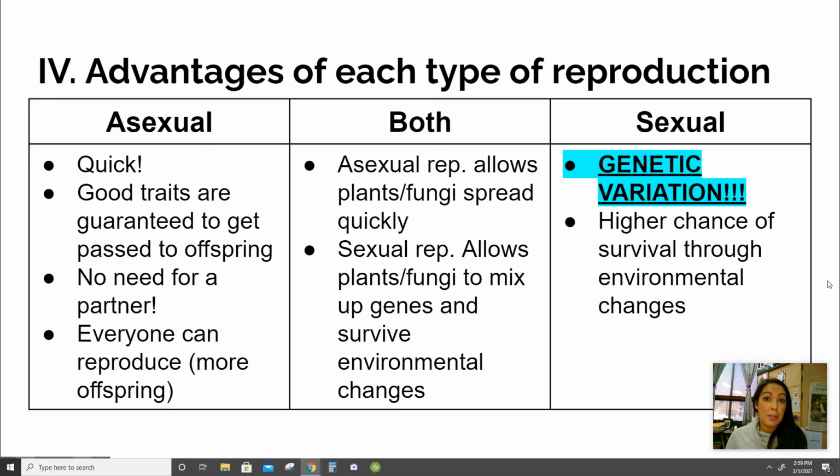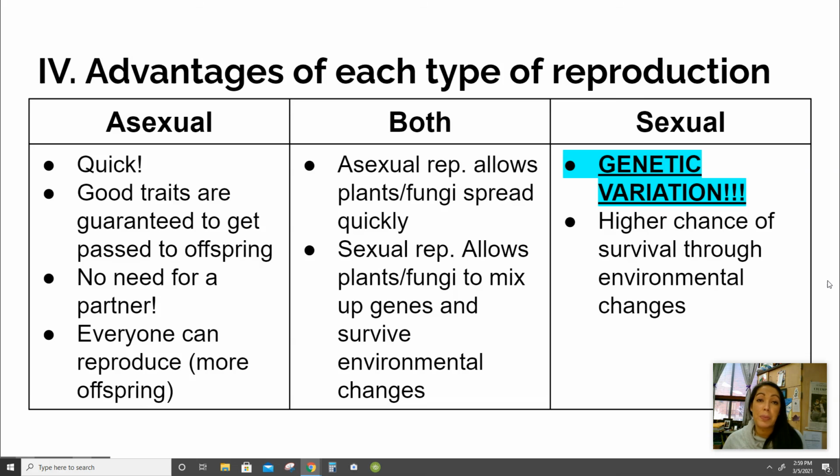If an organism, like a specific plant or animal, can reproduce both sexually and asexually, that has its advantages as well. So asexual reproduction can allow plants and fungi to spread very, very quickly.